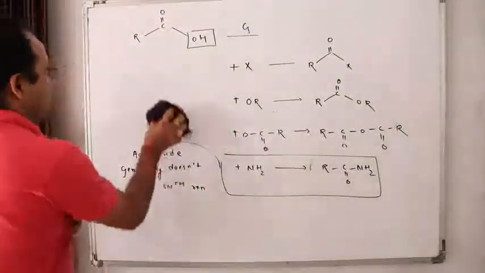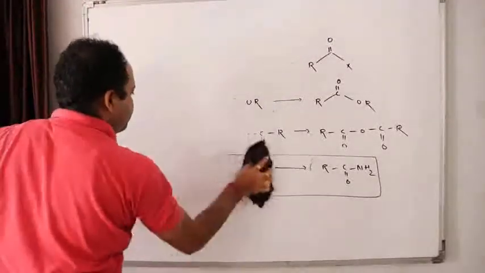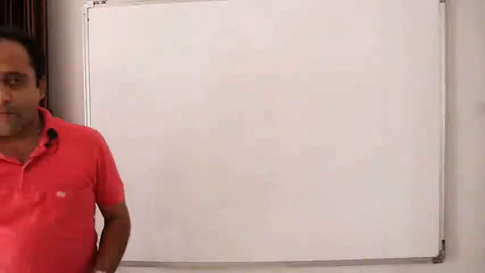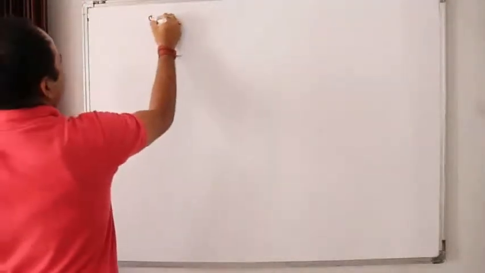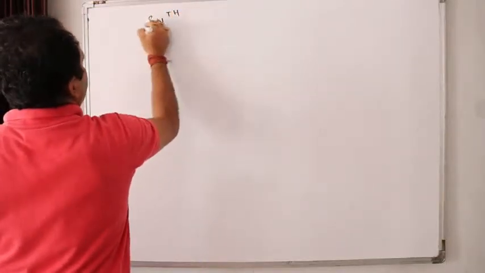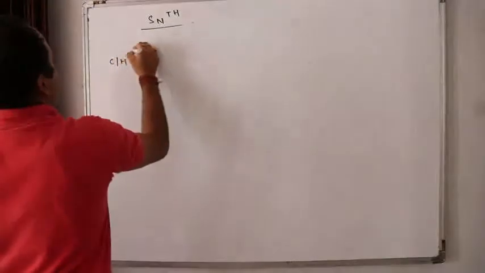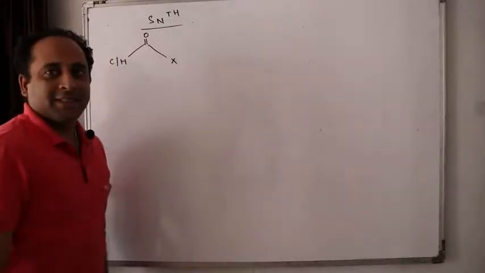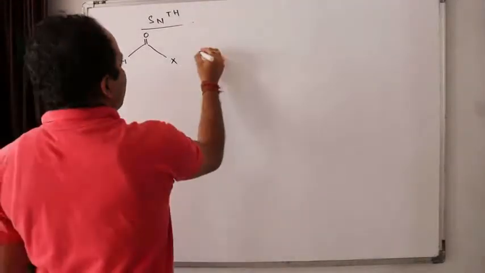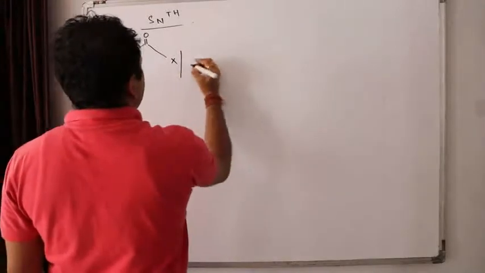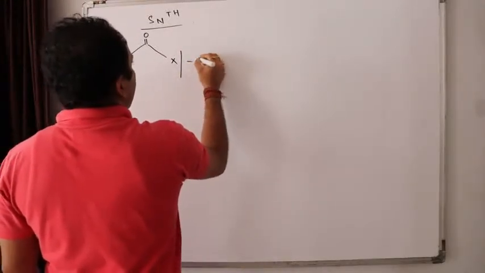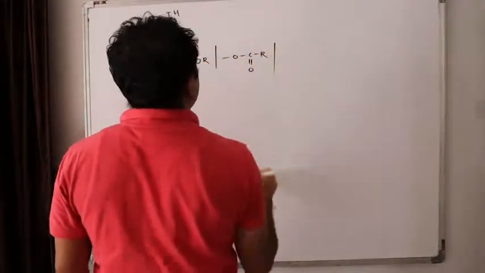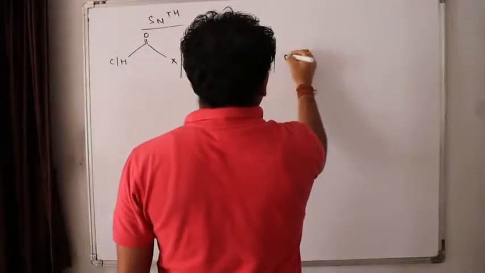What is this SN2H? Look here. Let it be X. Now it may be X, it may be OR, it may be O C double bond O R, it may be OH.